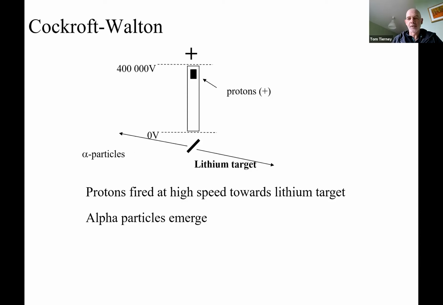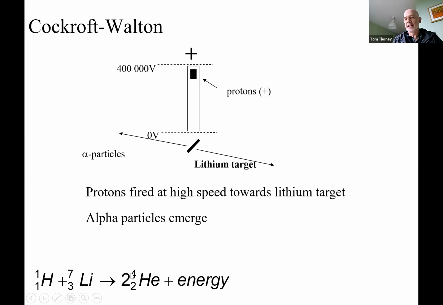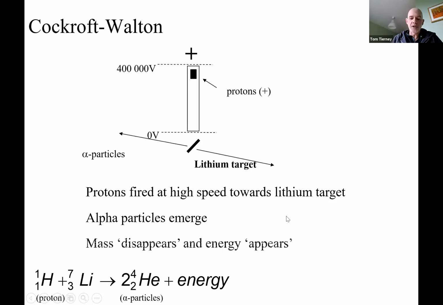Now, why is this so important? Why was it Nobel Prize winning work? Well, that's the reaction. Your proton, which is a hydrogen nucleus, goes into the lithium nucleus and it splits into 2 helium nuclei, which travelling fast are the alpha particles. But crucially, it's the plus energy that really mattered. Because not only was this the first particle accelerator, it also confirmed the equation E equals mc squared.